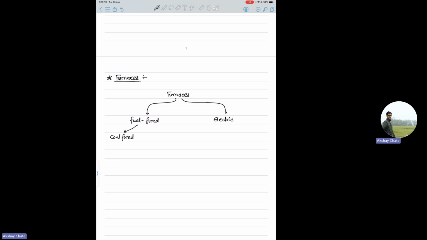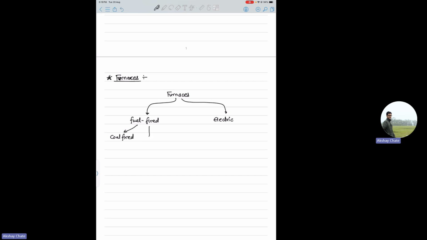Then later on petrol, diesel, etc., came up. Nowadays, even more things have come up, like natural gas, compressed natural gas, producer gas, hydrogen, methane. So things are evolving, but still, coal is the primary source of fuel in combustion arrangements.